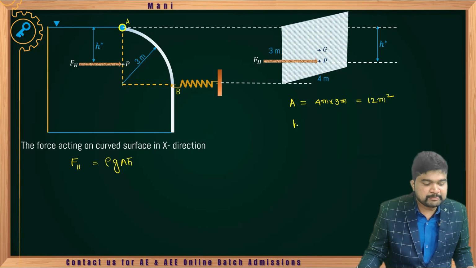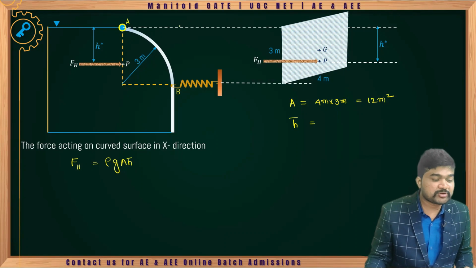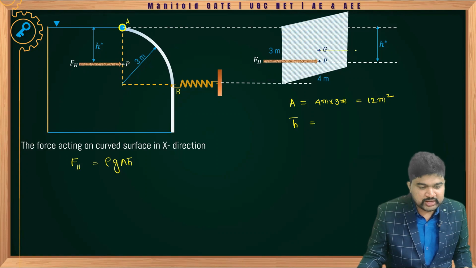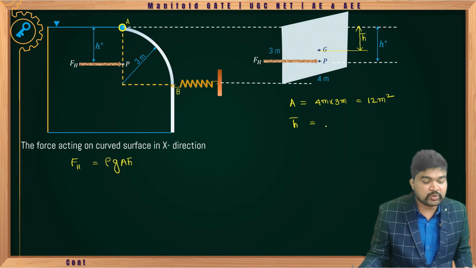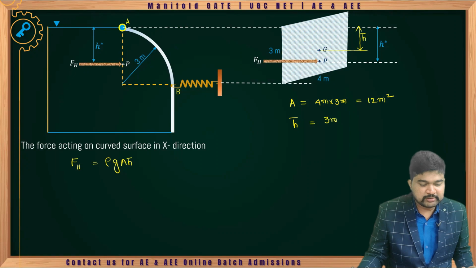And what is h bar? Distance from the free surface to the center of gravity. From here to here is h bar, equivalent to 3 meter by 2, which is 1.5 meter.